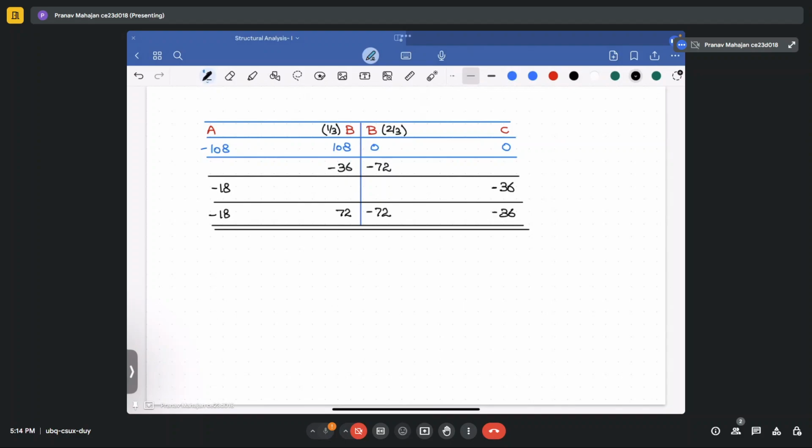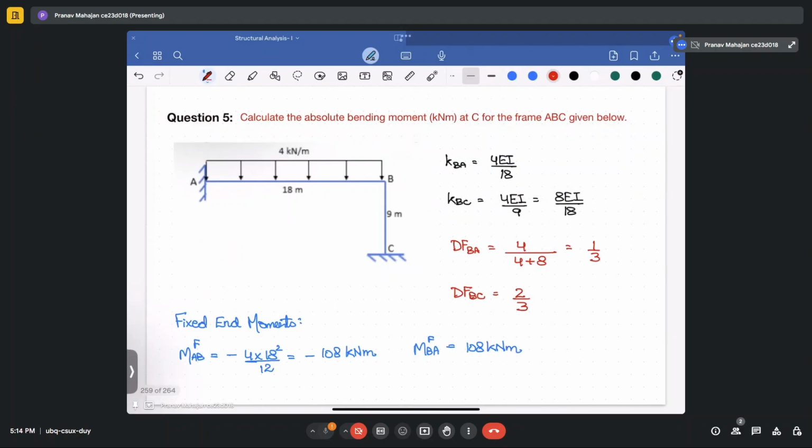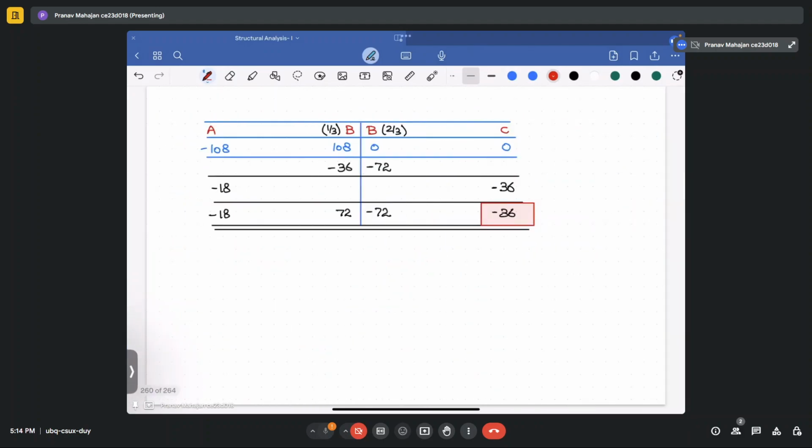They are interested in the end moment of B. So at B, you are getting minus 36 kilonewton meter, and that is your final answer. In this question, it is mentioned absolute bending moment at C, it will be equal to minus 36 kilonewton meter.